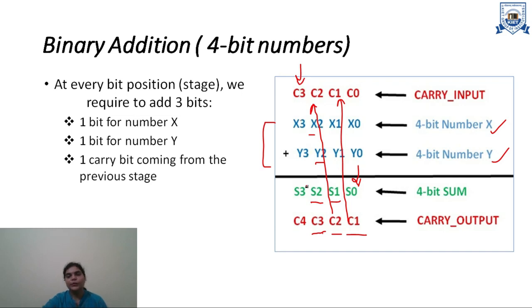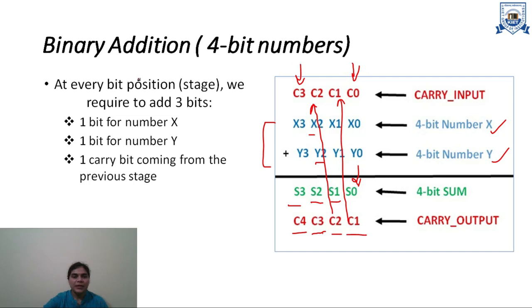It will produce sum S3 and carry output C4. So in this way, you will notice that the addition at one stage will produce a sum, and the carry output will always be fed into the next stage.